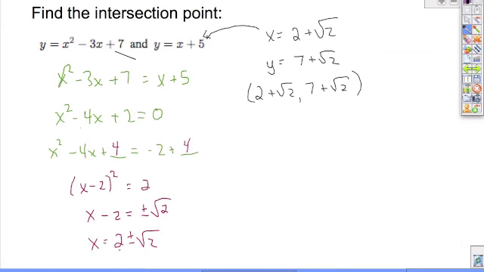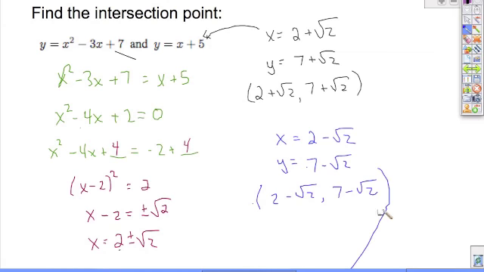The other intersection point I get when I plug in the other x, x equals 2 minus the square root of 2. So y would be 7 minus the square root of 2. So here are the 2 points of intersection for this line and this parabola.